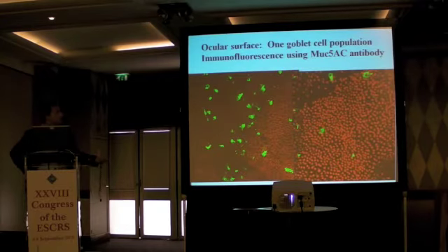And you can see on the left side of the slide a surface of a normal subject. That means the red points are all the nuclei of the epithelial cells, and the green patches are the production of mucin marked by MUC5AC.